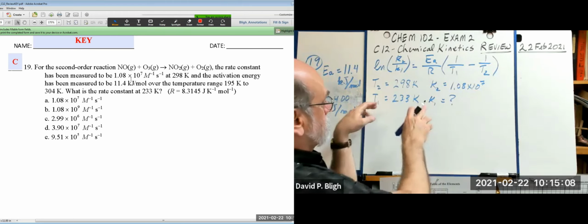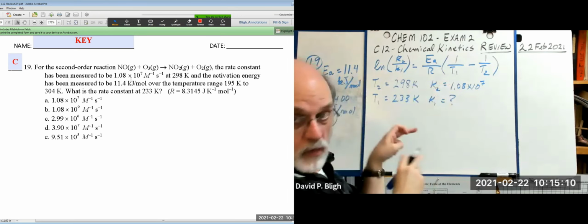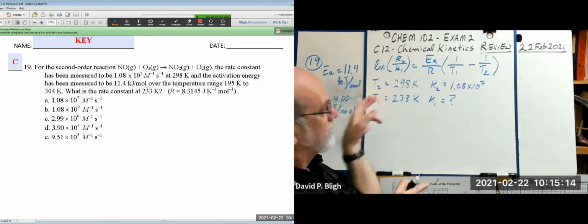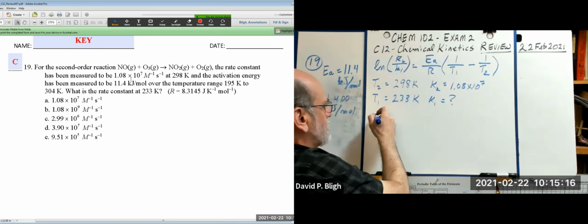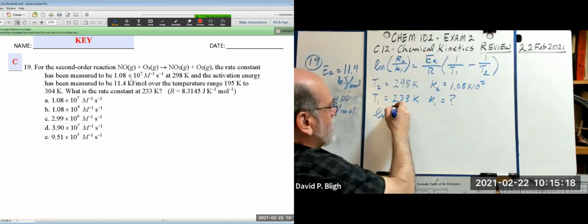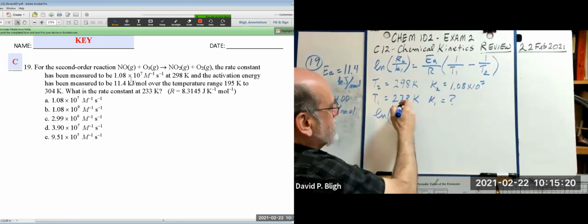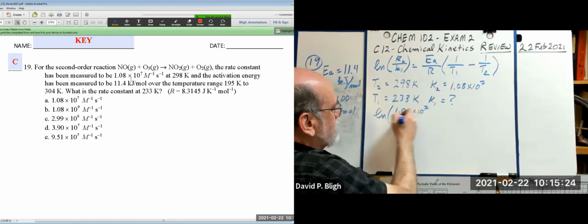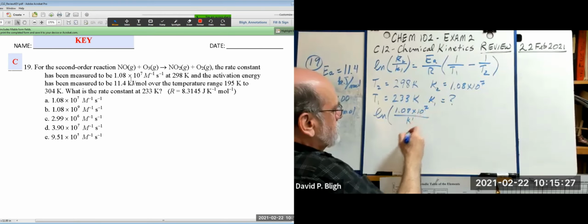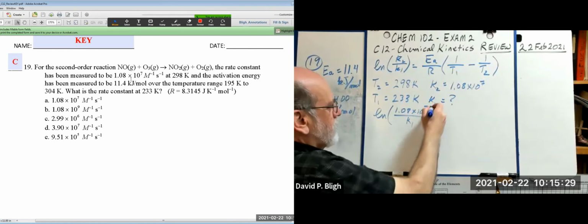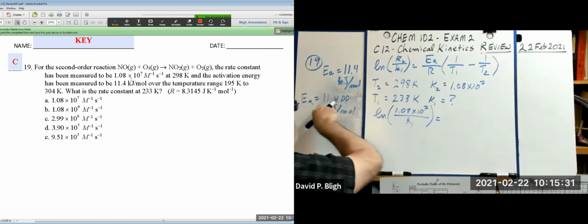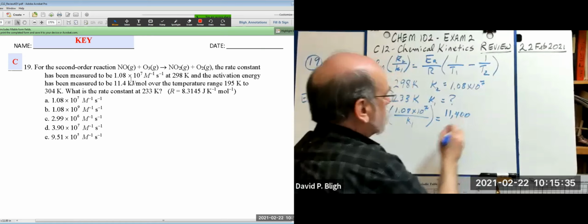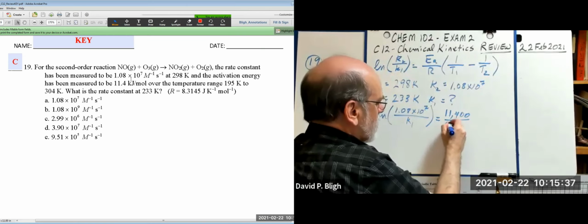Okay, so now that we've identified which one's associated with which one, then you can plug them into your equation, right? So the natural log of K2, 1.08 times 10 to the 7th, over K1, is equal to 11,400. I'm going to leave the units out here just for convenience.